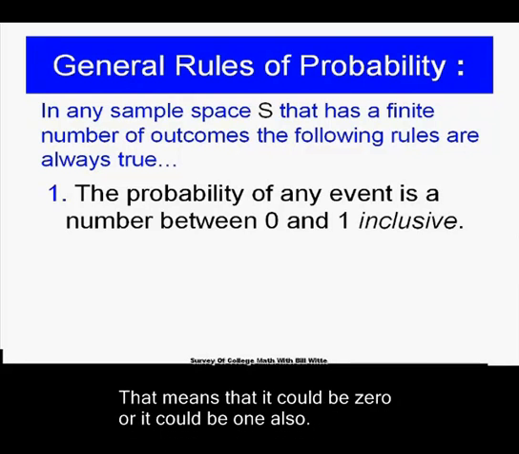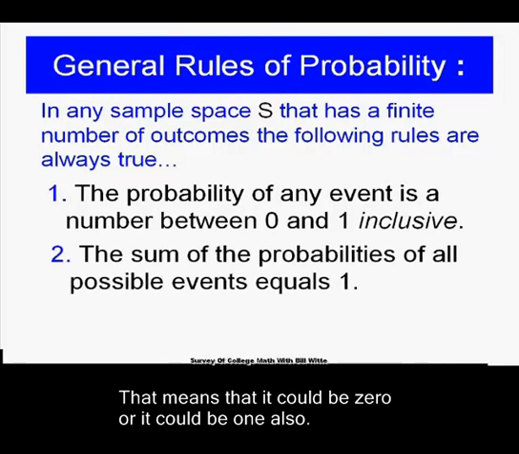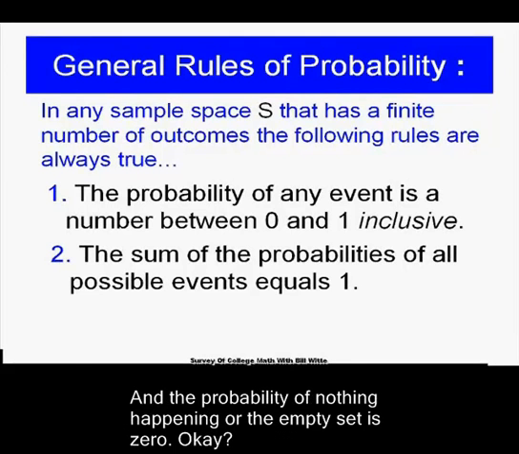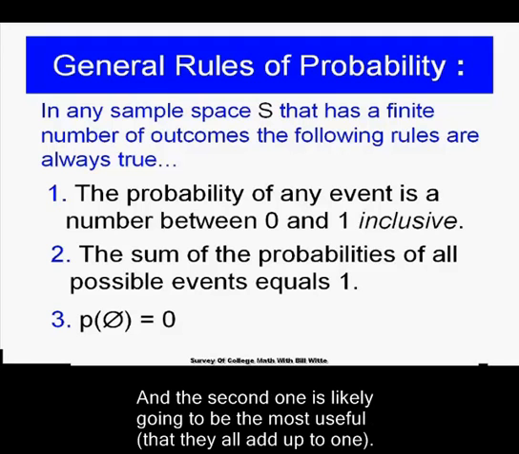Inclusive means it could be 0 or it could be 1 also. The sum of all the probabilities of the possible events in a sample space will be 1, because one of them has to happen. And the probability of nothing happening, or the empty set, is 0. But this second one's going to be the most useful. They all add up to 1.